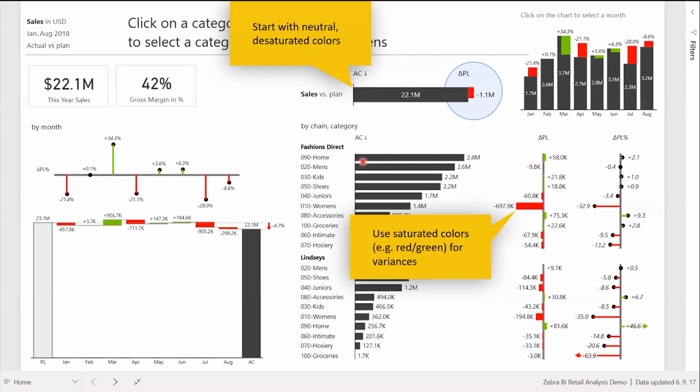So if I would start with very colorful and red charts in the beginning, I would have no more space to highlight the really important information. So that's why number one, start with very neutral, desaturated colors, and then use strong colors for highlighting, for presenting the variances, and so on, right?